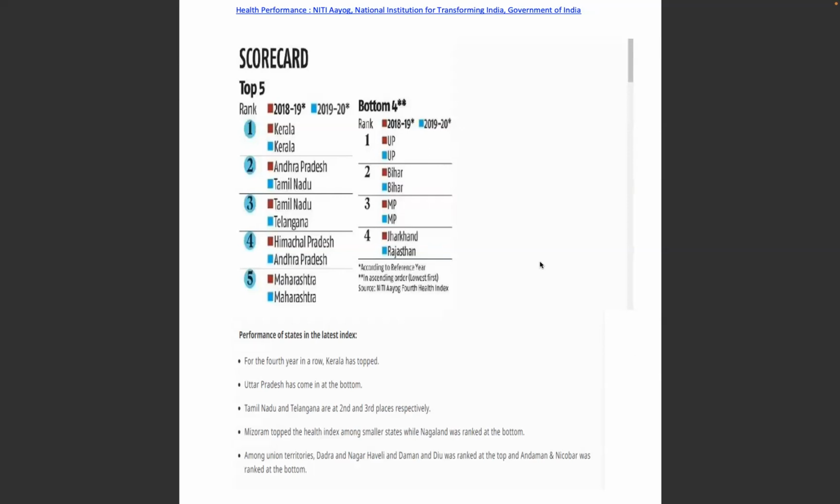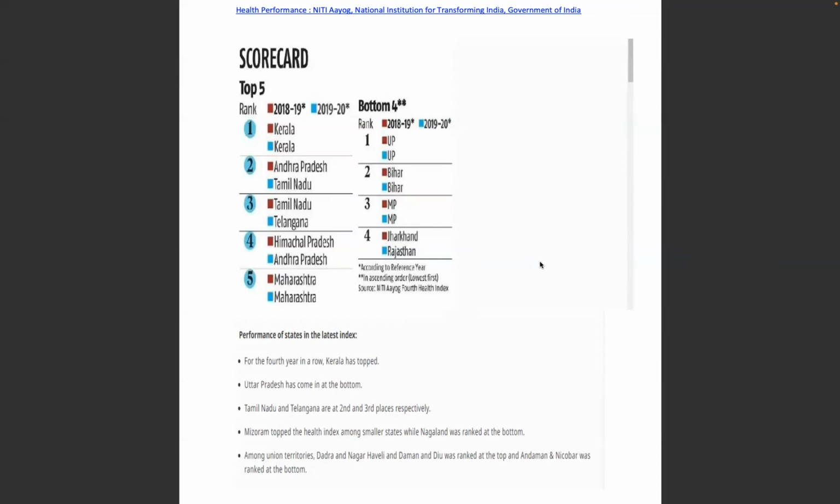Kerala is on top, and it was on top in 2018-19 also, and 2019-20 also. Then the second is Andhra Pradesh in 2018-19, and in the second position it was Tamil Nadu in 2019-20. Earlier it was Andhra Pradesh.